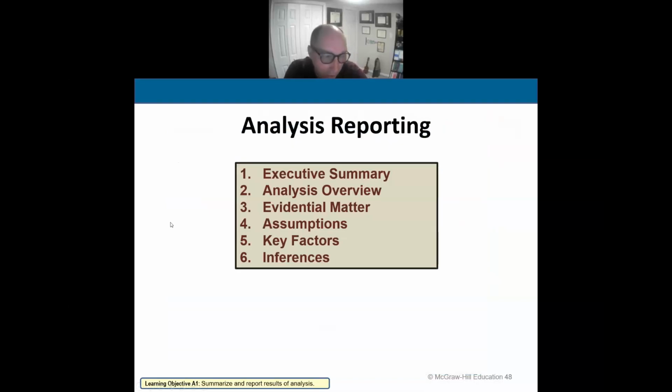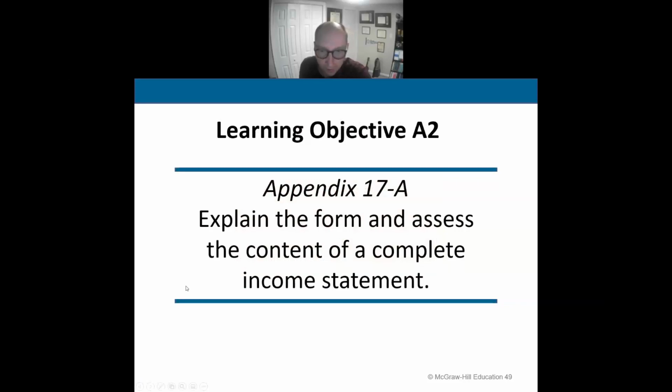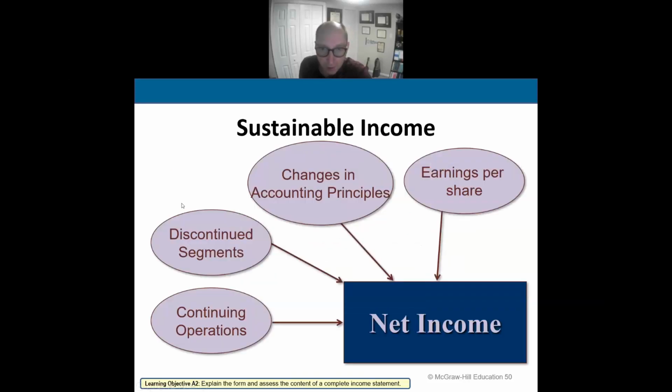Okay. Now that we know how to analyze financial statements using things like horizontal analysis, vertical analysis, and ratios, we can also report that information and analyze the reports looking at things like notes. It's important for companies to maintain a stable net income. Call it sustainability.